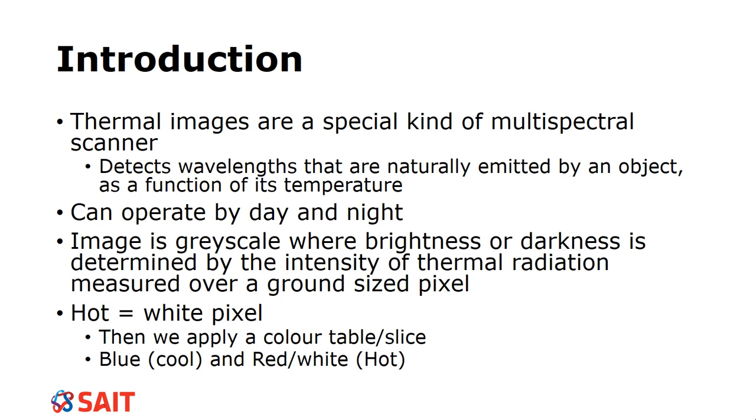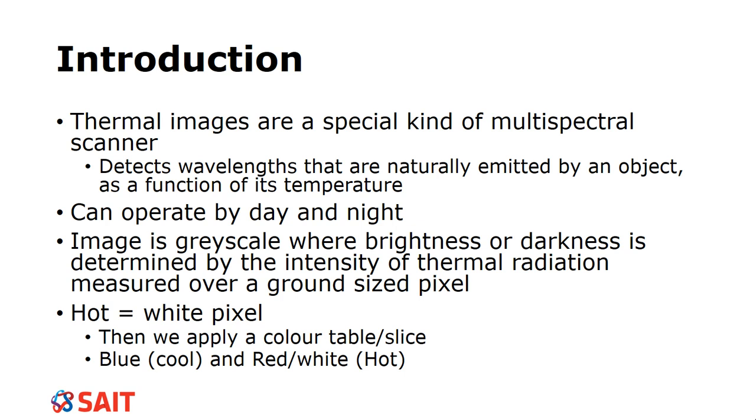But the brightness of the energy is what determines whether it's really high or really low. Really high measurements give me a white pixel because the intensity is high, and therefore it is a hot pixel. If it is black and very dark, it has received very little radiation from the emission, and therefore it becomes a cold pixel.